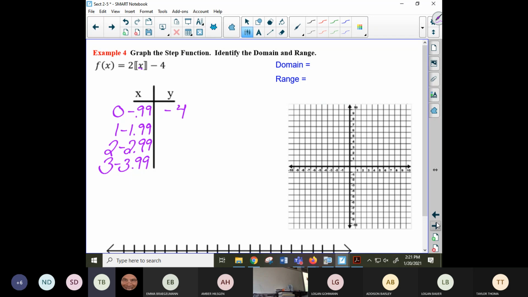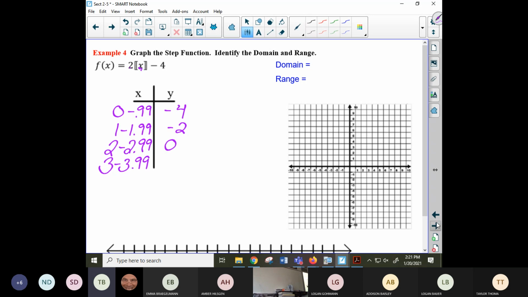If it's a whole number, the greatest integer less than or equal to it is just itself. So this would just be 1. Times 2 is 2. 2 minus 4 is -2. If I put 2 in there, the greatest integer less than or equal to 2 is 2. 2 times 2 is 4. 4 minus 4 is 0.